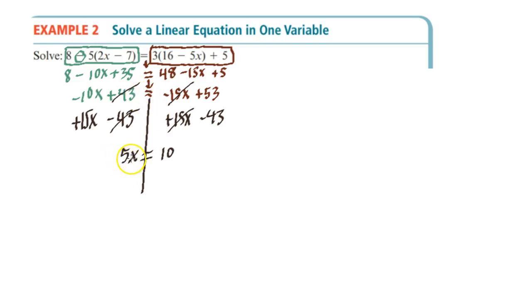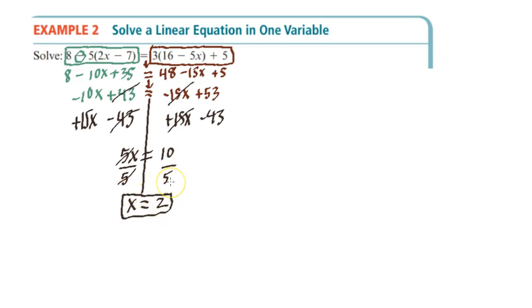So in this case, since the 5 is multiplying the x, I need to divide by 5 on both sides of the equation to eliminate that coefficient of 5 to just get x equals. And that leaves us with x equals 10 divided by 5 is 2.